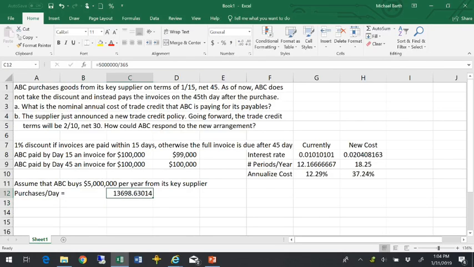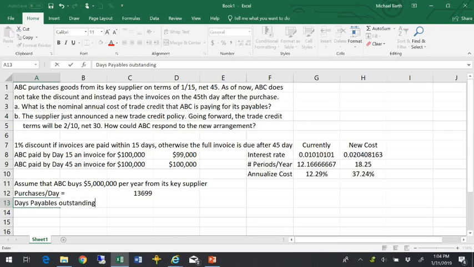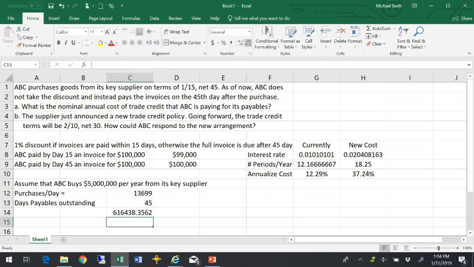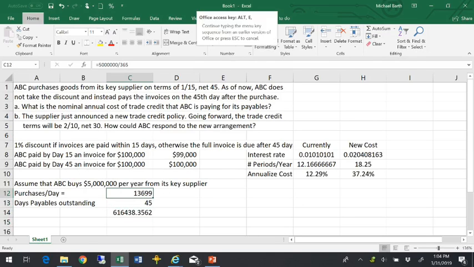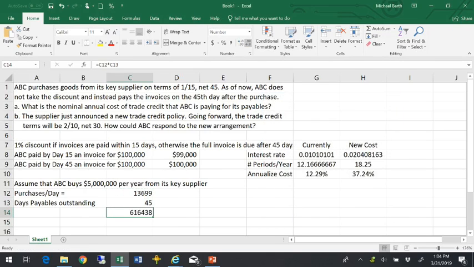That's about $13,698, around $13,700 per day. The days payables outstanding are currently 45 days. So its accounts payable to this supplier is currently about $600,000.